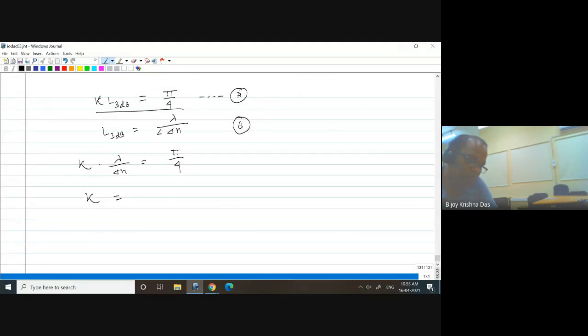So this one will be 4, right? L3 dB is lambda by 4 delta n, so the 4 cancels, and kappa will be pi delta n by lambda.